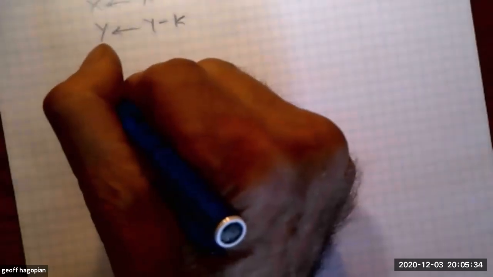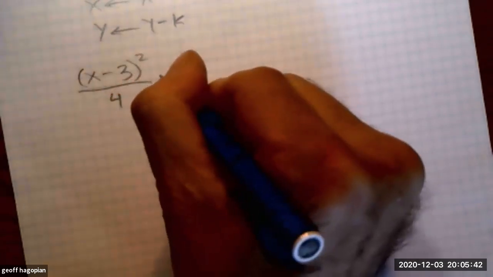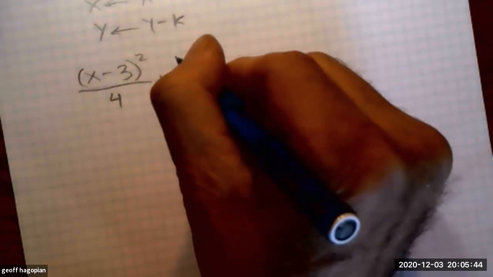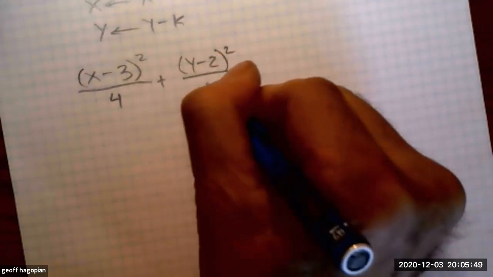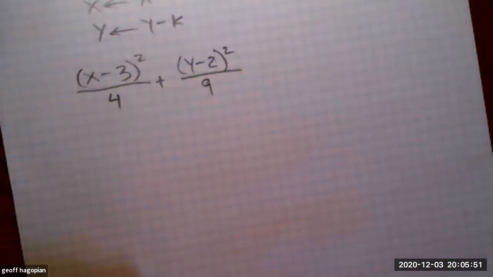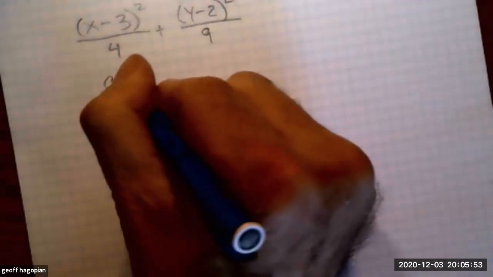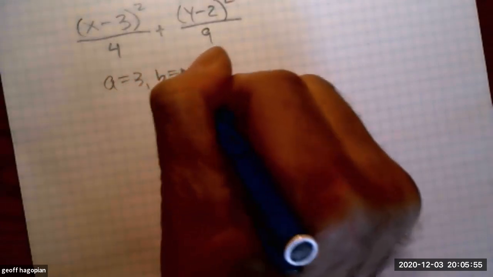So if we've got, let's say, x minus 3 squared over 4 plus y minus 2 squared over 9. So what's A? A is 3, and B is 2.